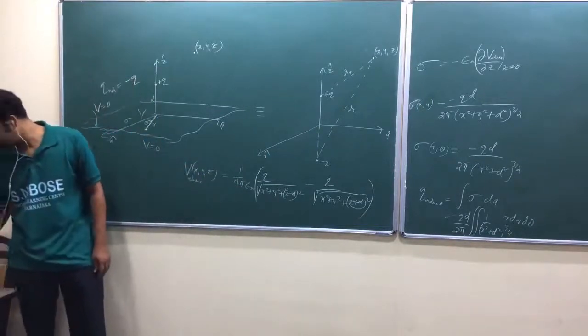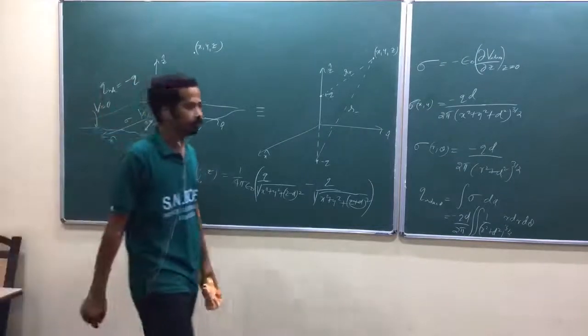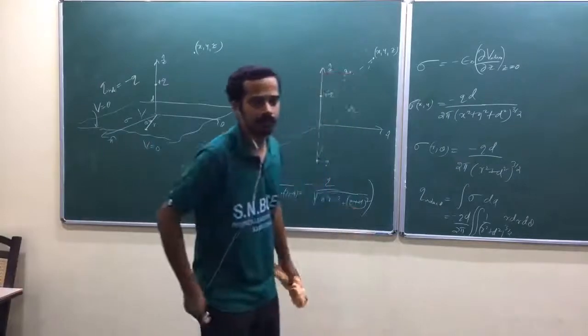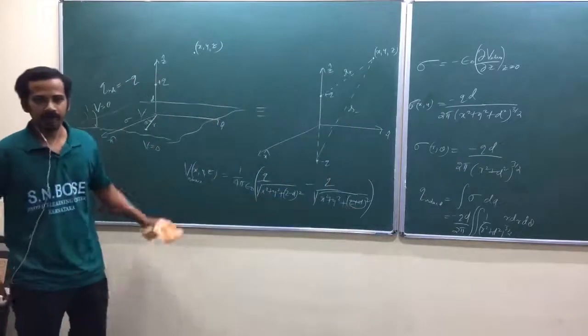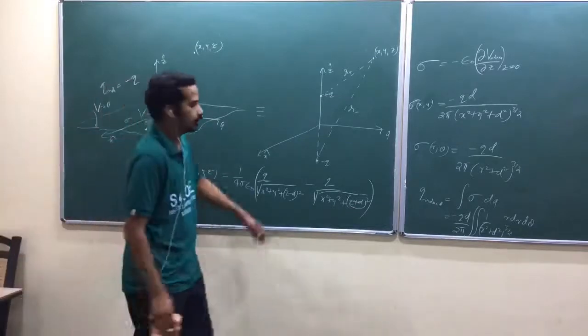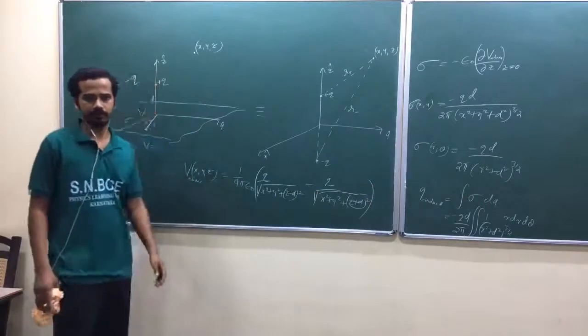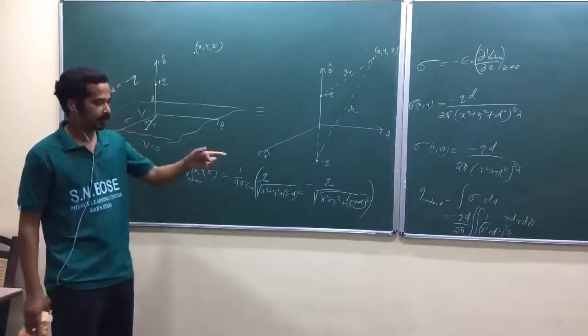Do that integration. Is that okay? If they ask a direct question, you should be able to answer directly. Only if calculation is needed to find surface charge density. Is that okay? You have to do that integral.